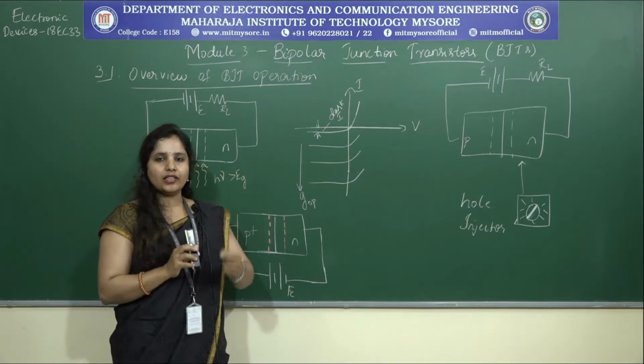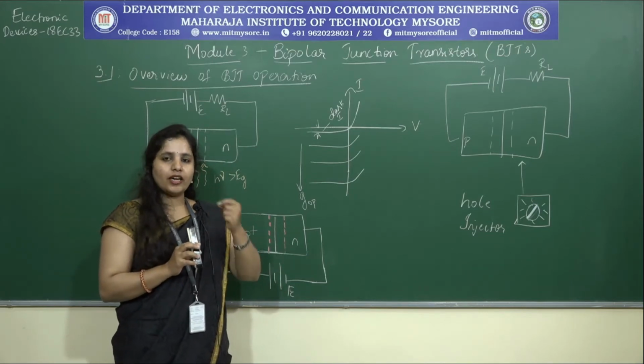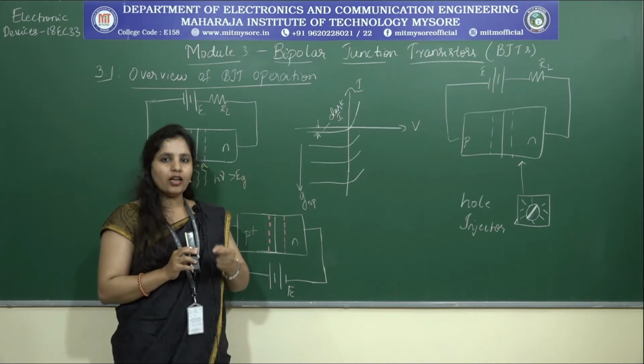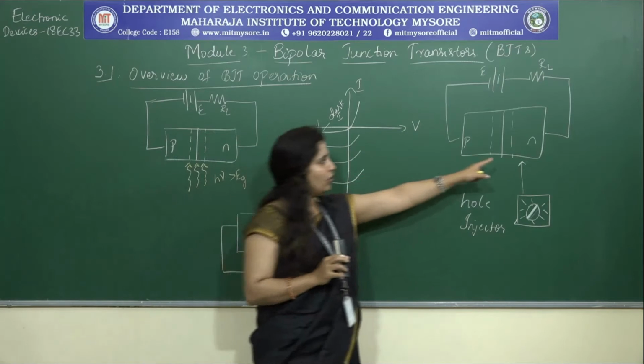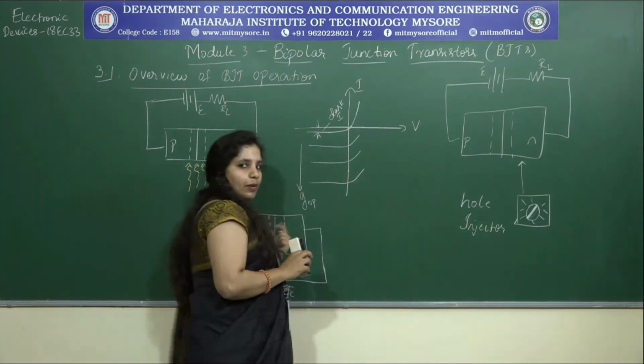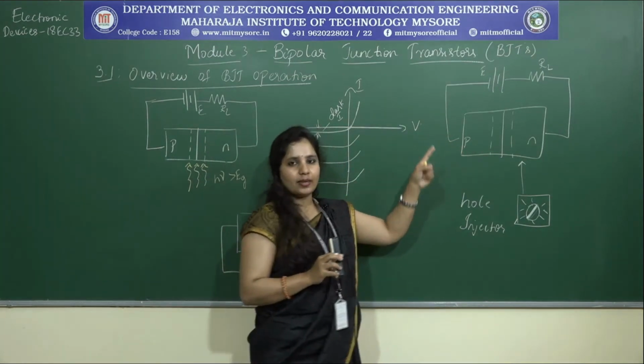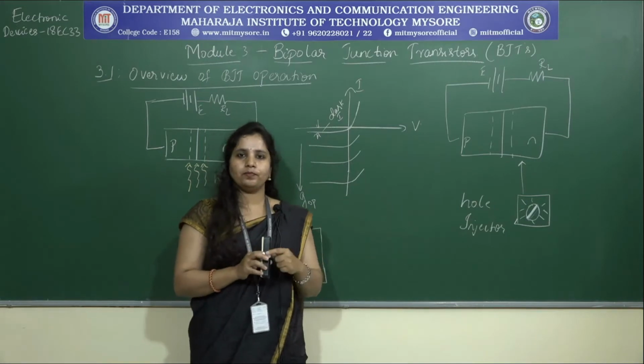And the resultant semiconductor device that I will get is what is referred to as P plus N common followed by P, that is the P plus NP semiconductor device.